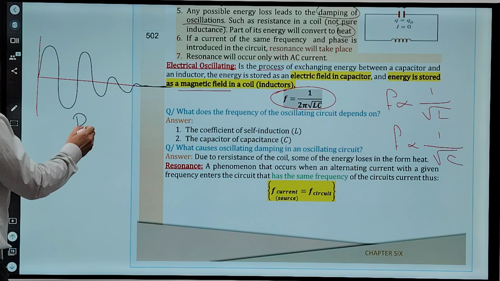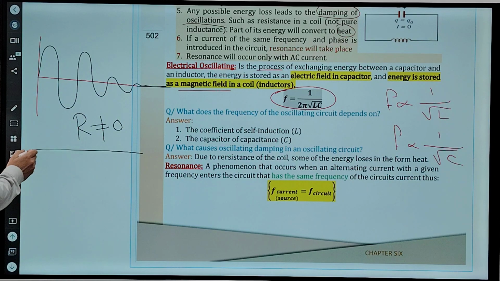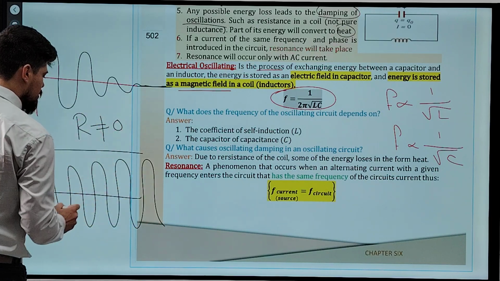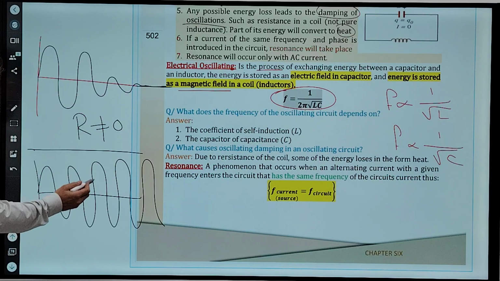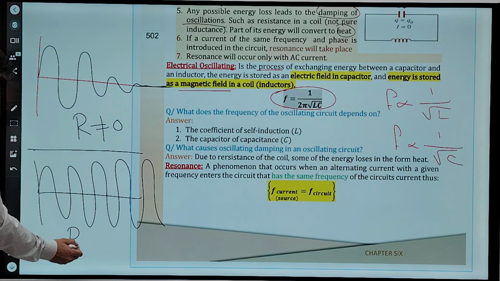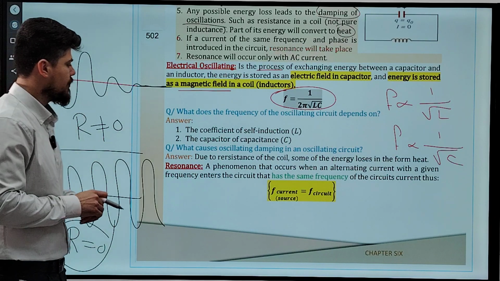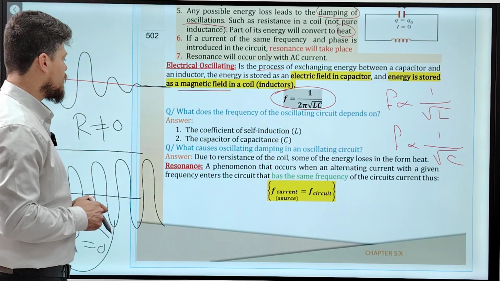When resistance is not equal to 0. But when the resistance of the wire is 0, the current will oscillate indefinitely. When does this indefinite oscillating occur? When the resistance of the coil is equal to 0. Due to the resistance of the coil, some of the energy is lost in the form of heat.